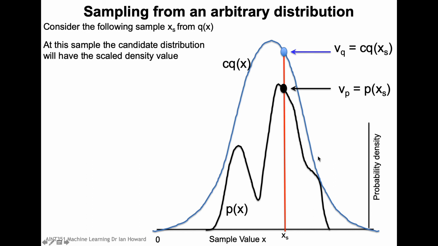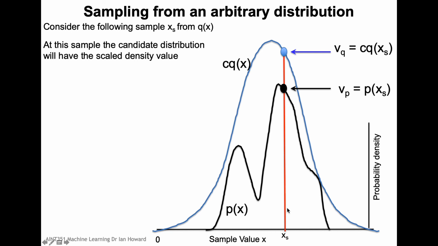So the distance from the baseline to where this sample touches the top of the probability distribution of the target is given by V P. So the probability of X of S is that point there. We see this distance from here to here along this line corresponds to a certain probability. Whereas if we go all the way to the top here, where it touches the actual scaled candidate distribution, we see that line's a little bit longer.